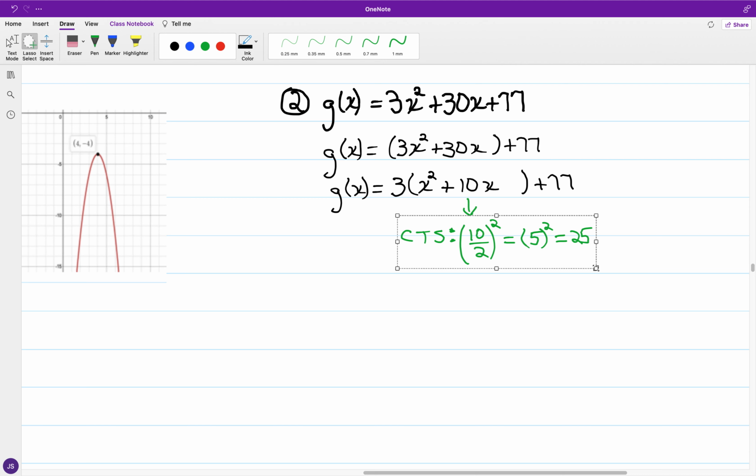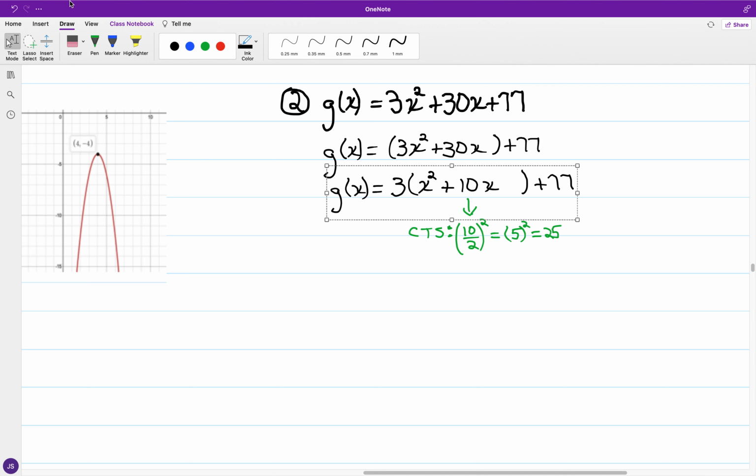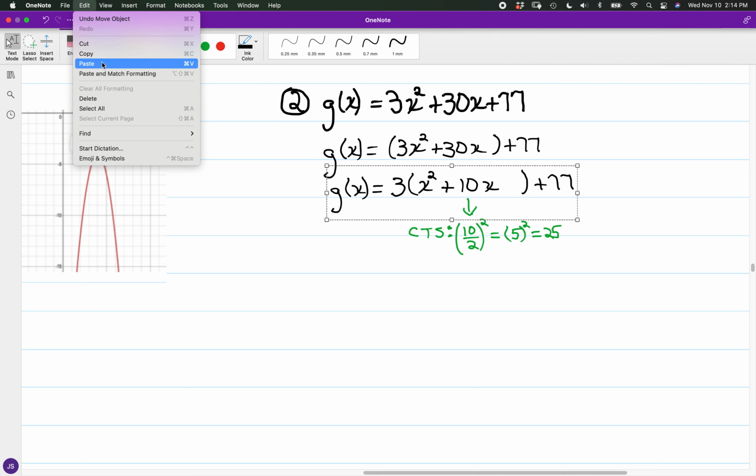And looking at what we have now, with the modified presentation of g of x.